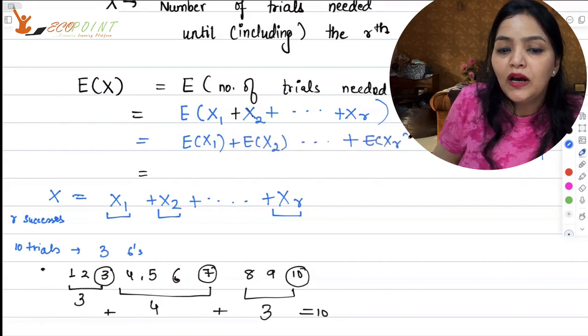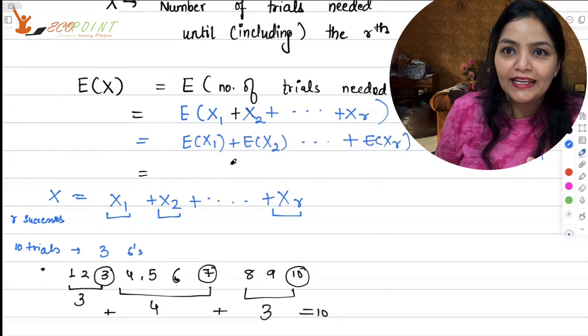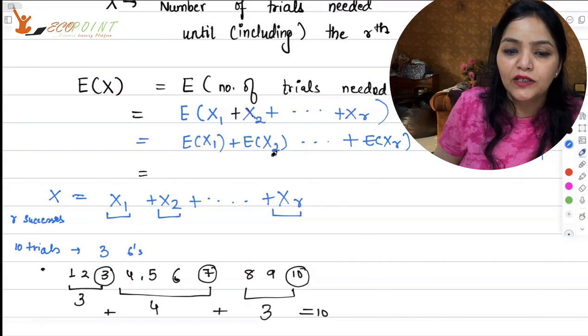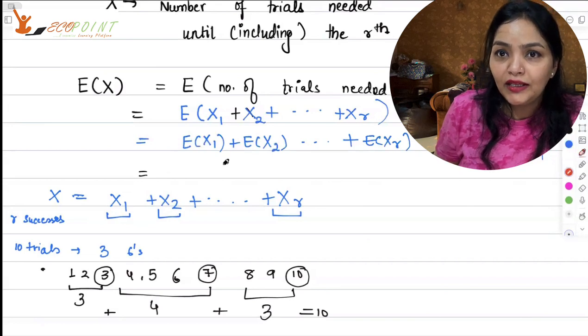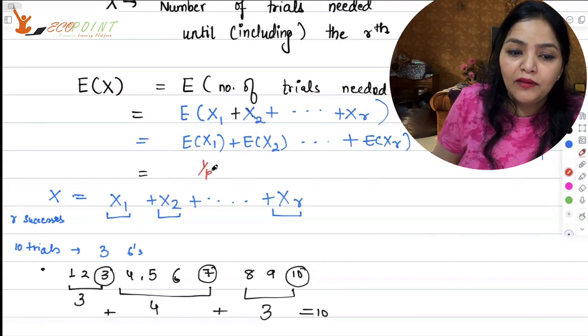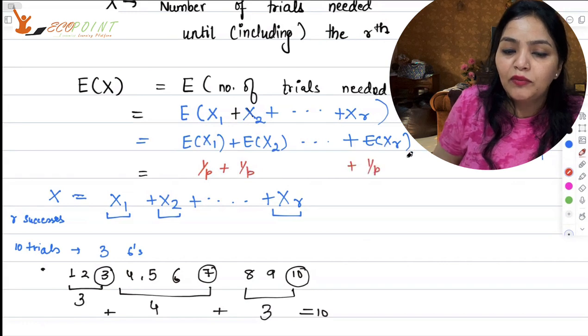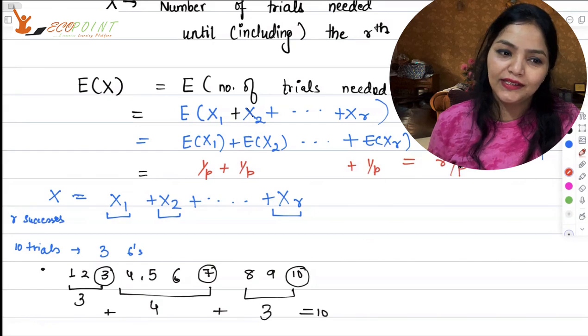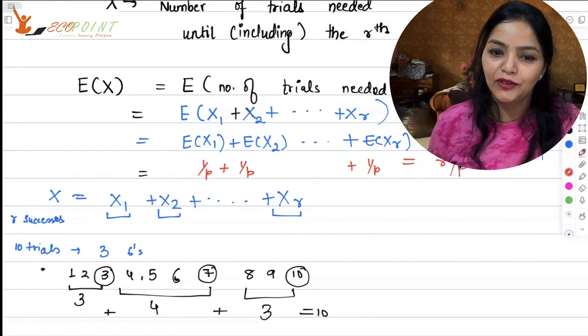All of these have the same expectation. How much is the expectation? Go back to the video to find out the expectation of a geometric random variable. It's 1 by p. Now, 1 by p plus 1 by p plus so on and so forth, 1 by p, how many times? r times. So r by p is basically your expected value here.